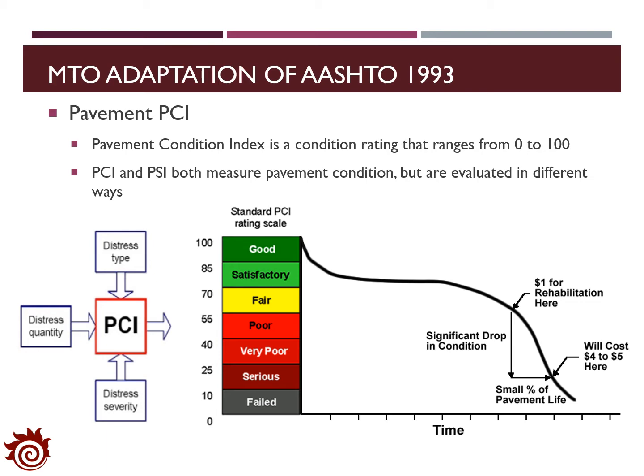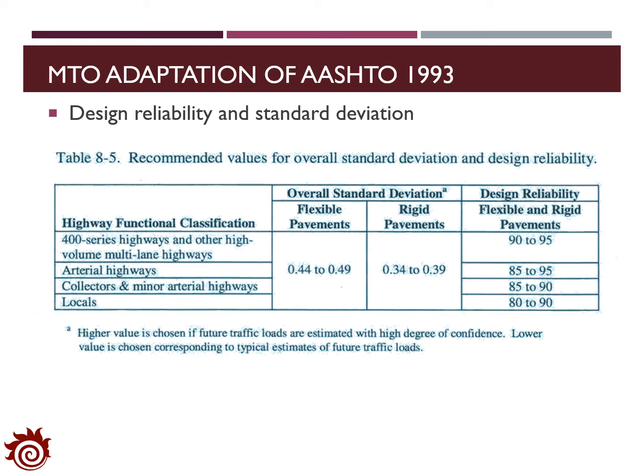In the MTO adaptation of the AASHTO method, the design reliability and standard deviation should also be considered. The table here summarizes the overall standard deviation and the design reliability for Ontario roads. Usually for the flexible pavement, the standard deviation varies from 0.44 to 0.49.